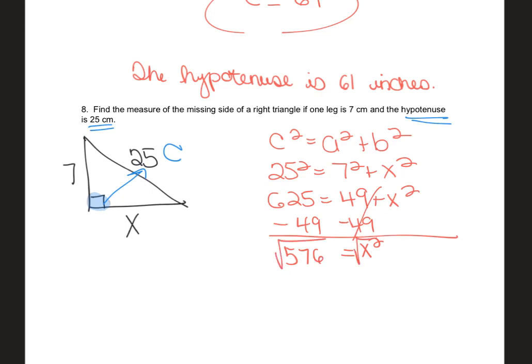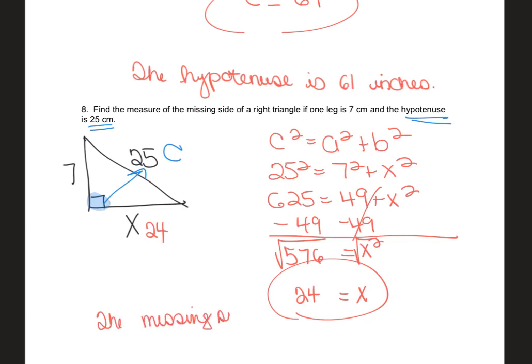Again, check if it's on that diagonal that you have. This one is, it's 24. So this is 24. And you can say the missing side is 24 centimeters.